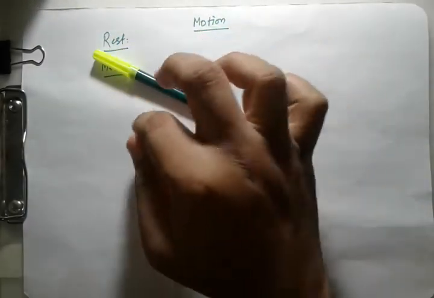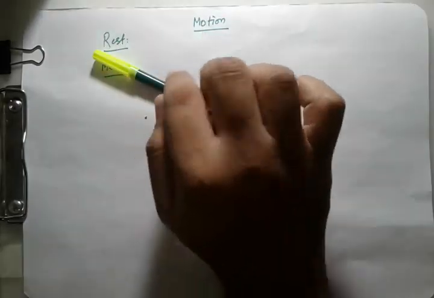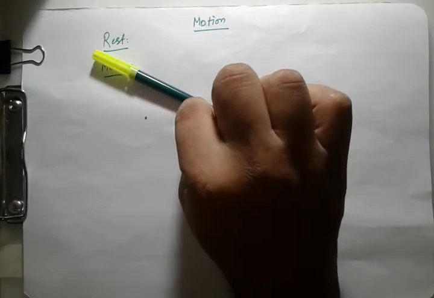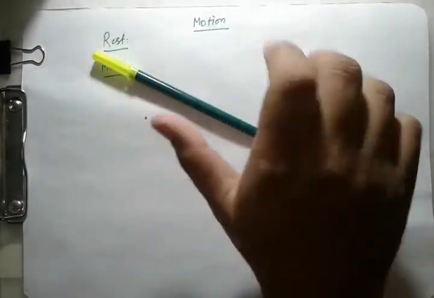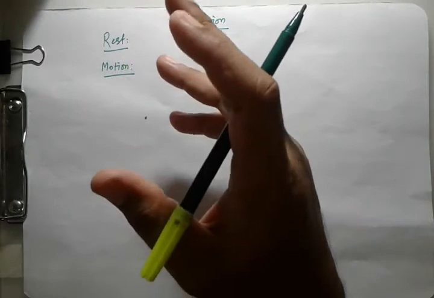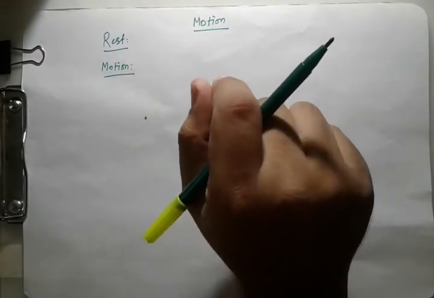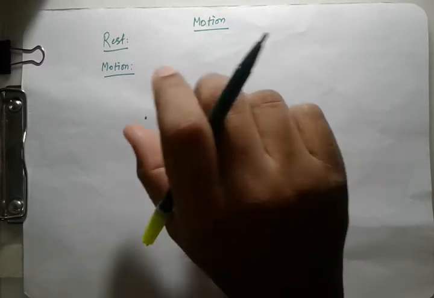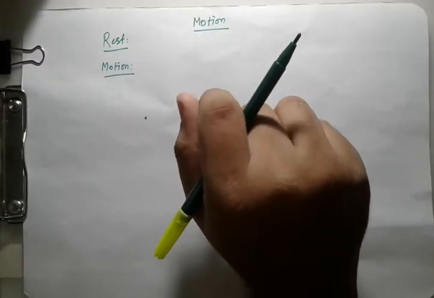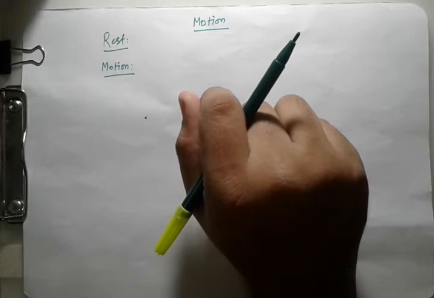Then I will see tomorrow it is still at rest. But actually the earth is moving, so me and these objects are also moving in space. And remember, in this world nothing is at rest. Everything is moving. Whatever things you observe are all relative. So that is why the state of rest and the state of motion are two relative terms.